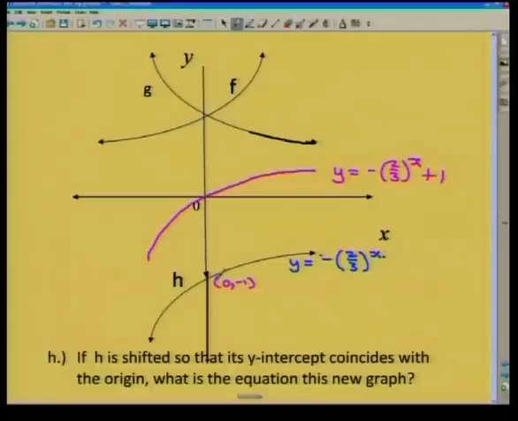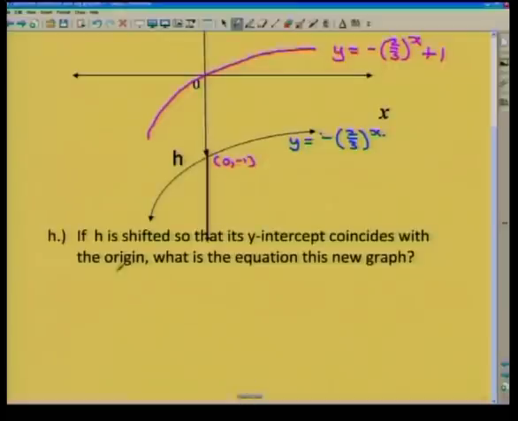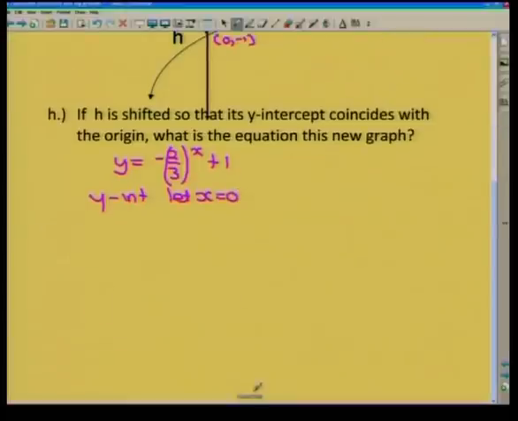Now, just to check it, we can make sure that if I worked out the y-intercept, I would get 0. Let's do that just to make sure, but I know this is right. I want the y-intercept, so I let x equal 0. Doing that, I'm going to get y equals minus 2/3 to the 0 plus 1.